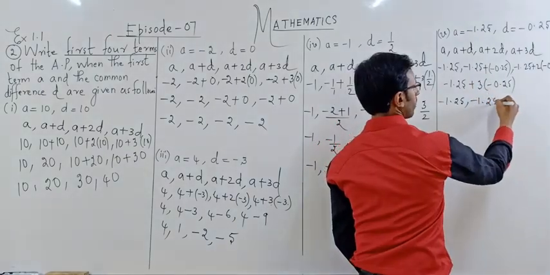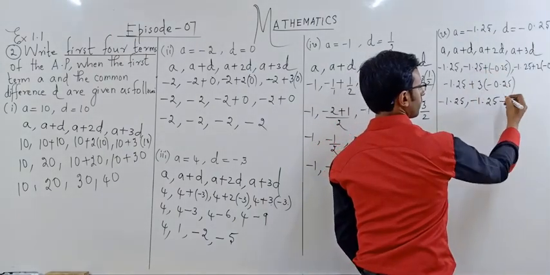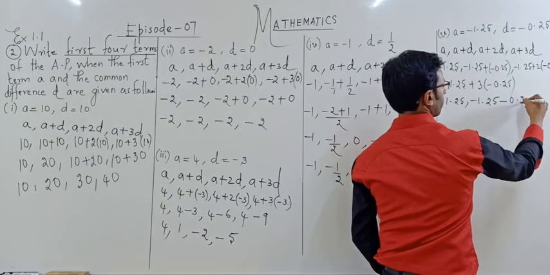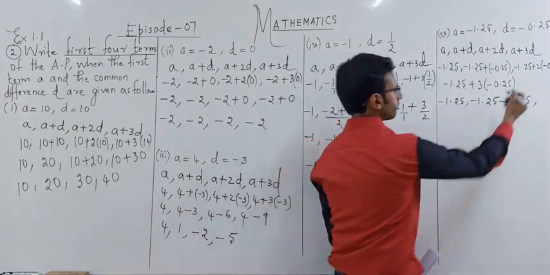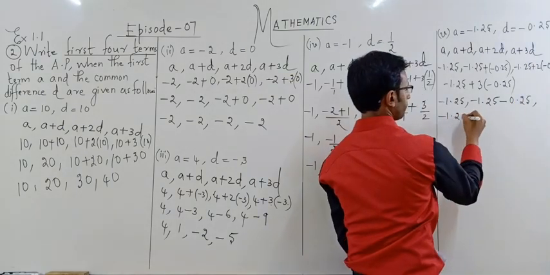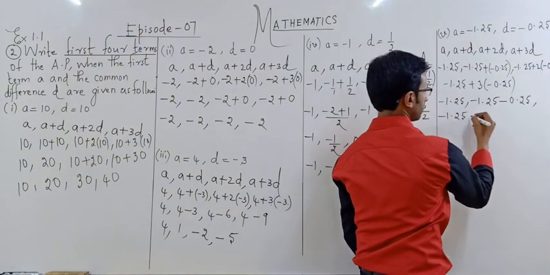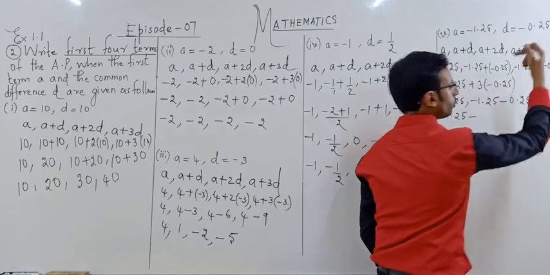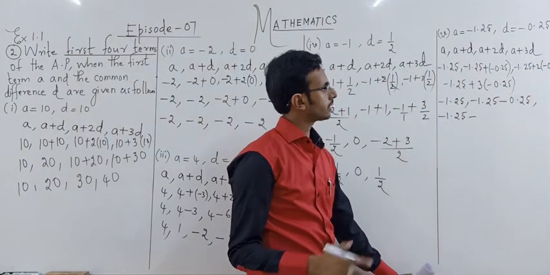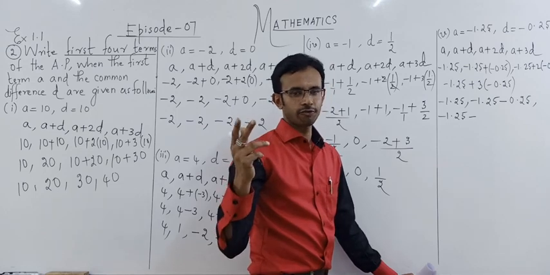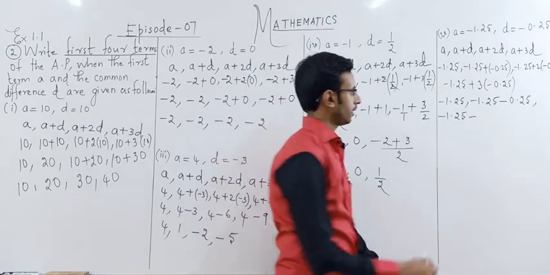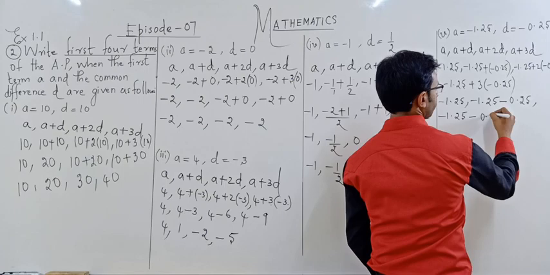Let us calculate. Minus 1.25 is retained as it is, the first term. Minus 1.25 plus into minus is minus 0.25. The third term, minus 1.25 plus into minus is minus, 2 into 0.25 has to be multiplied. Double of 0.25 is 0.50.